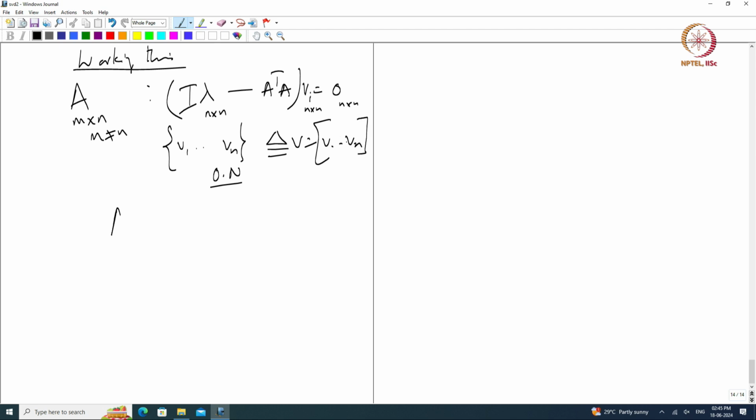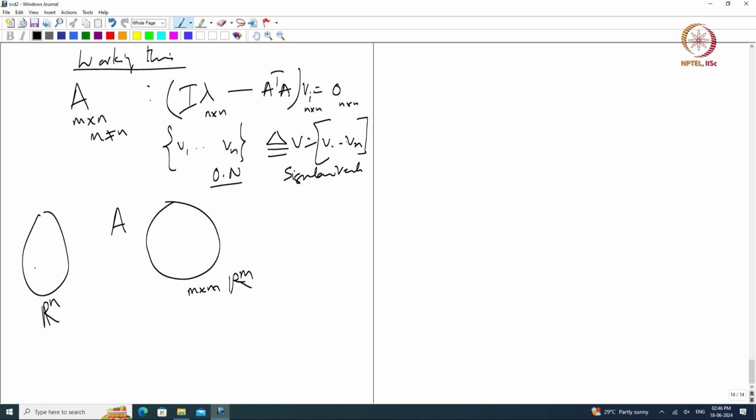So, this is A, this is on the right. The right is m cross m, Rm, this is Rn. So, I find a V matrix of orthonormal vectors, eigenvectors or singular vectors in this case, left orthonormal eigenvectors, left orthonormal singular vectors of A. This is the matrix V.